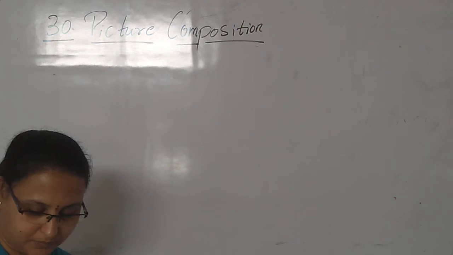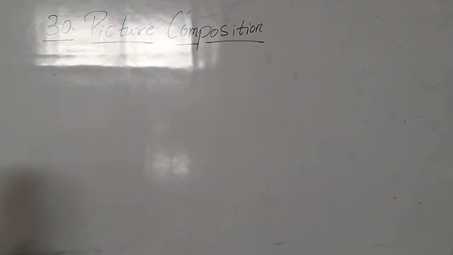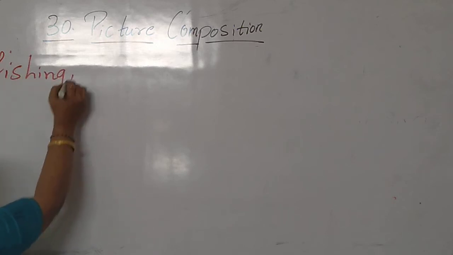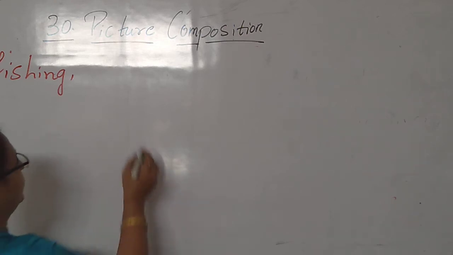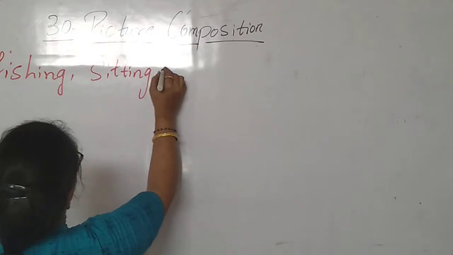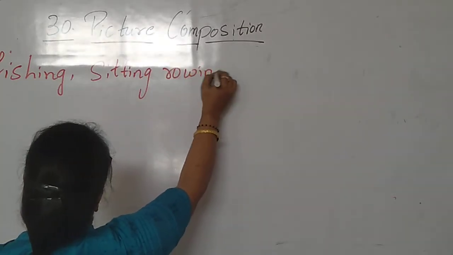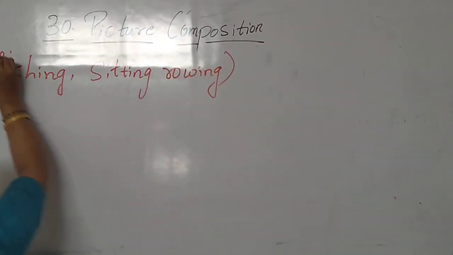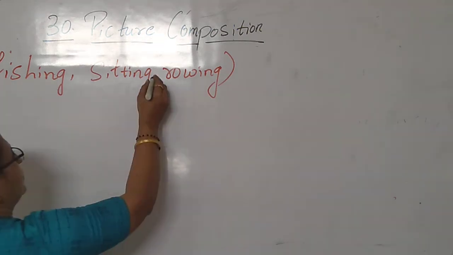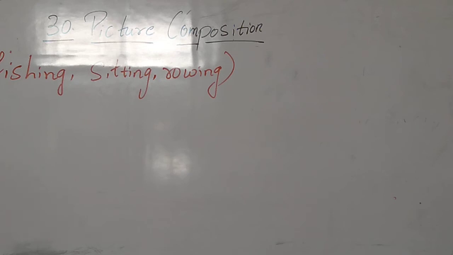Third one. So in the third one they have given fishing and then sitting, rowing. Yes, these are the 3 words. Now here we have to write the sentences related to the picture.